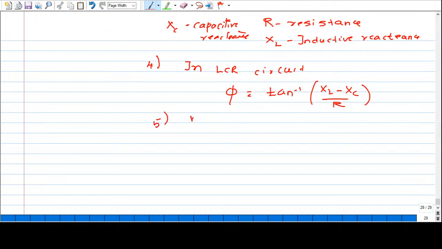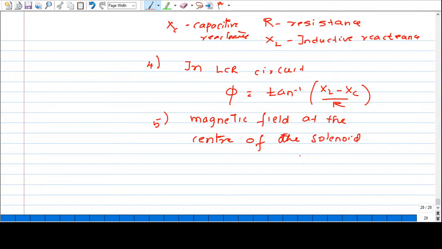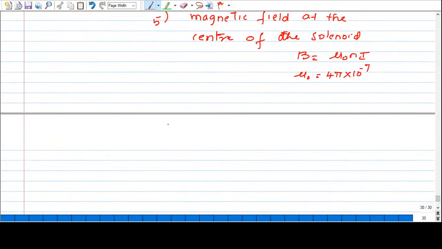Magnetic field at the center of the solenoid. B is equal to mu naught N i. N is called number of turns. Mu naught value you know very well. Mu naught value is 4 pi into 10 power minus 7. Remember.